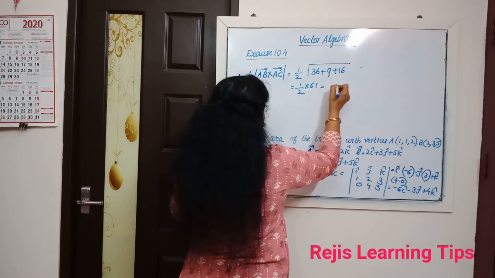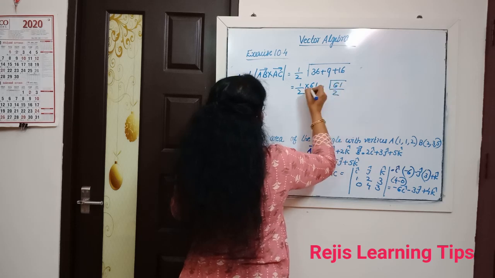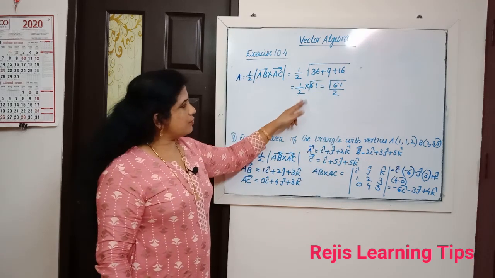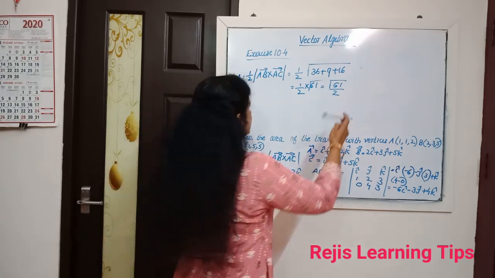So half into root of 61, that is root of 61 by 2 square units.